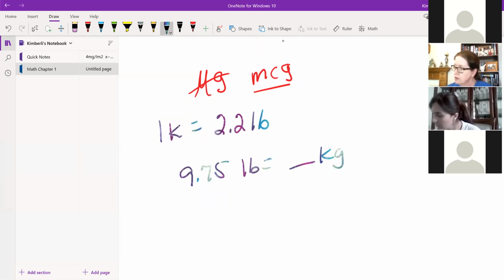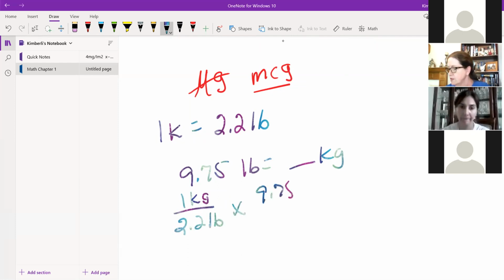If we're going from pounds to kilograms, 1 kilogram is 2.2 pounds, times 9.75 pounds over 1. He was late too, so he sat there and grew. 4.43 kilograms.